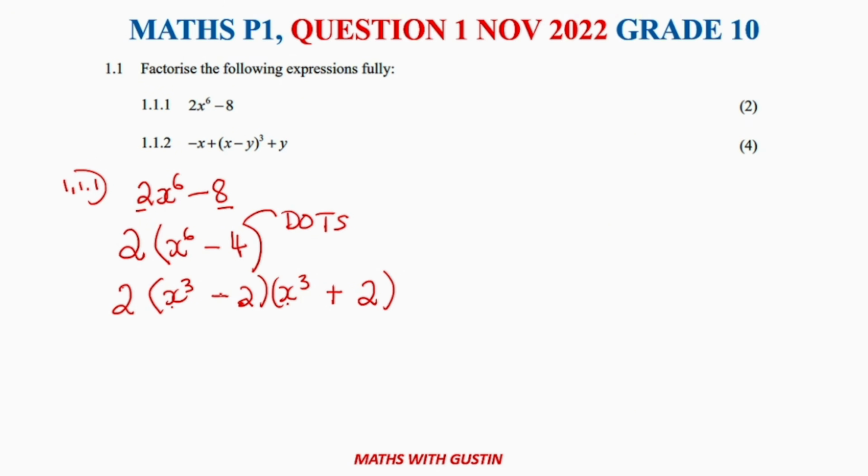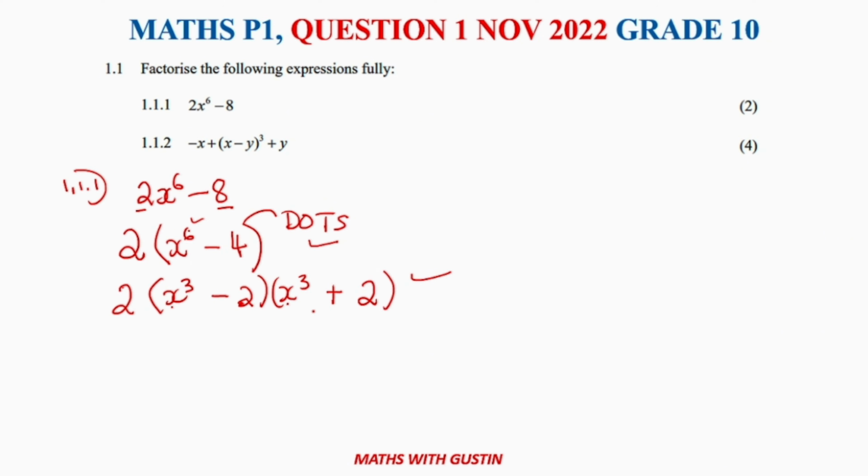You add the exponents. 3 plus 3 will give us to the power of 6, which is correct. And therefore also negative times positive will give us negative, and 2 times 2 will give us 4. Great stuff. That's how you would deal with this one, and you should be able to get your 2 marks there as well.